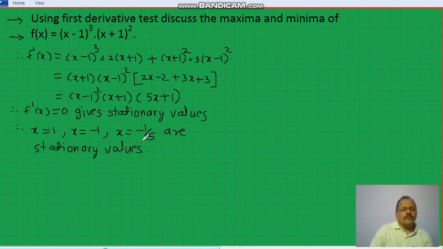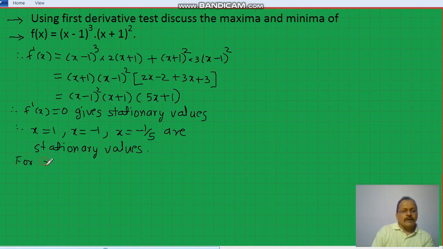We have to find out at which of these the function has maxima or minima or nothing, and we have to use the first derivative test. Firstly, x equal to 1.